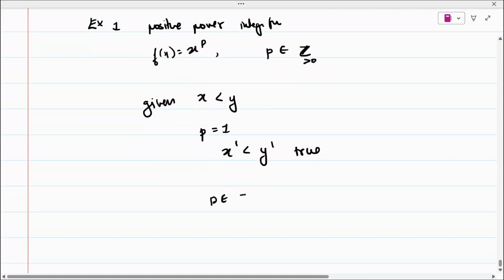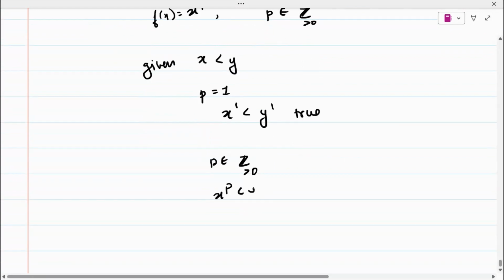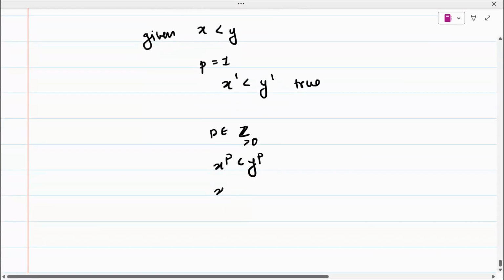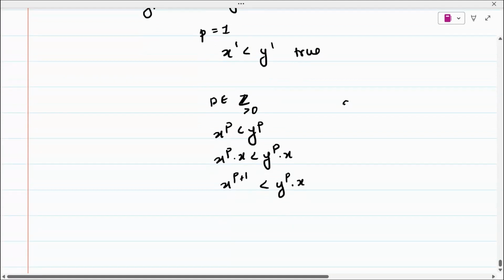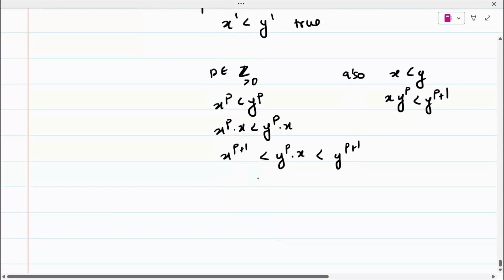Then let the natural number be greater than zero. And also this equals 3.